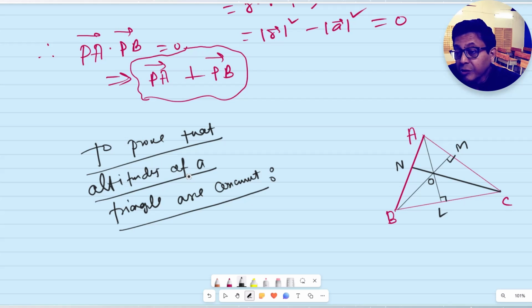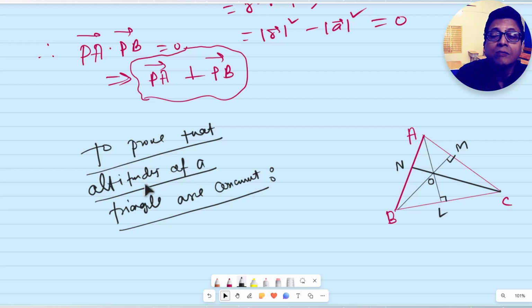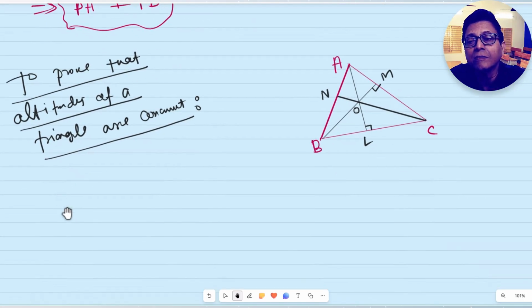You have to do it elaborately in geometry, but in vectors this is very easy, because I just told you in the previous applications how to take the vectors along BC, CA and AB. In proving properties of triangles, we have done the cosine rule, and the concept of position vector we applied in a geometry problem.